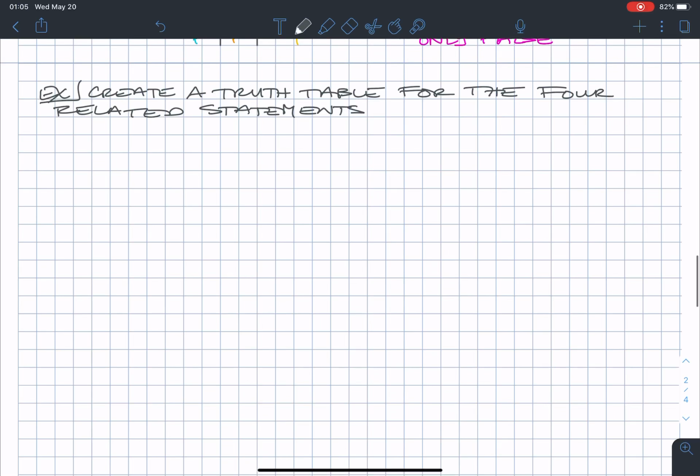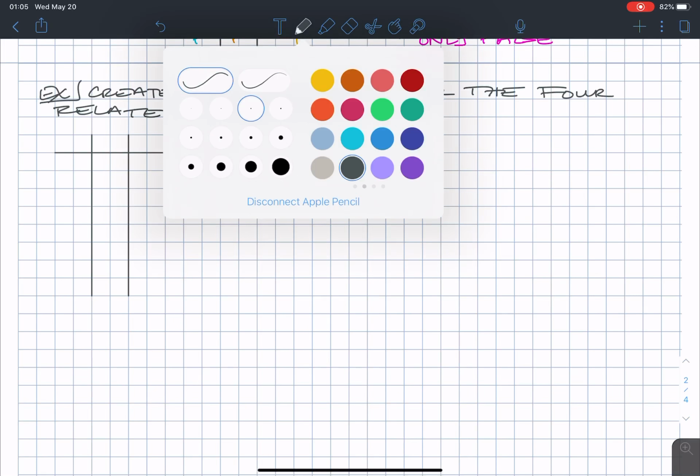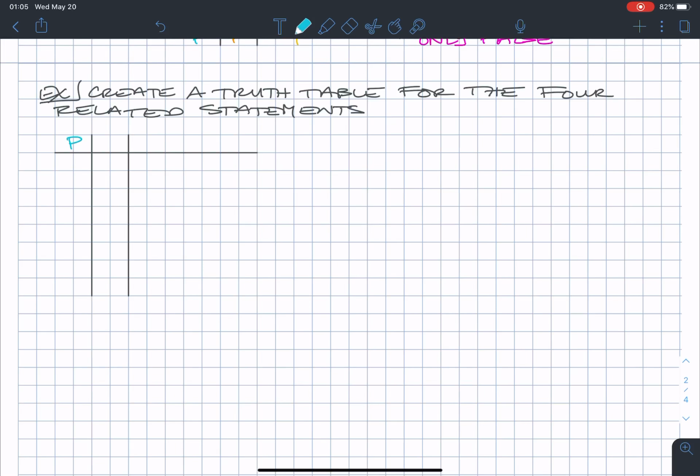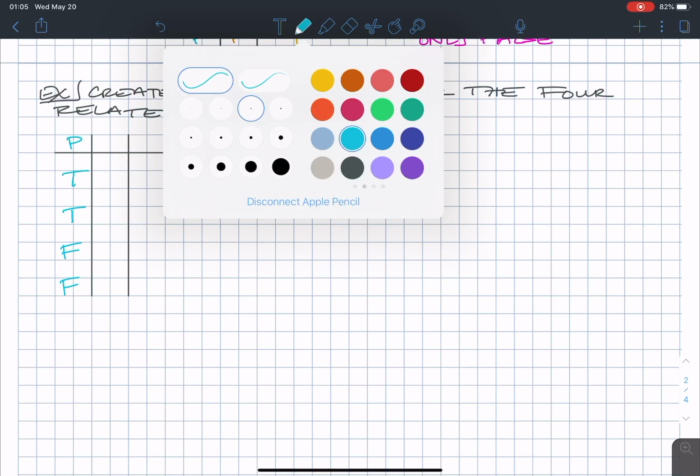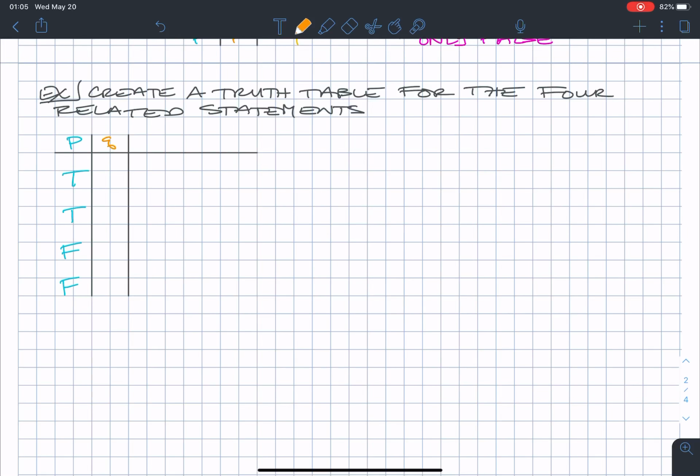Okay, so let's start with P and Q. Let's see. And P implies Q. So we have P, which we know is true, true, false, false. And Q, which alternates. Why do I always do Q in purple? So Q, which goes true, false, true, false.